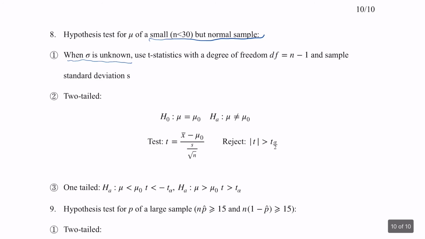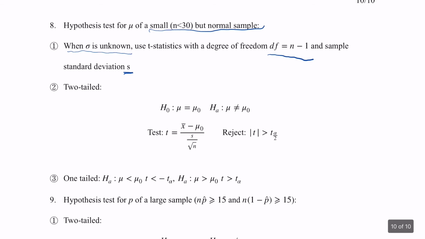When sigma is unknown, this is the same as the confidence interval. You just use t stats with a degree of freedom equal to n minus 1, and use the standard deviation of the sample, and just follow the formulas here. This is the same as constructing a confidence interval, but using the t-stats.